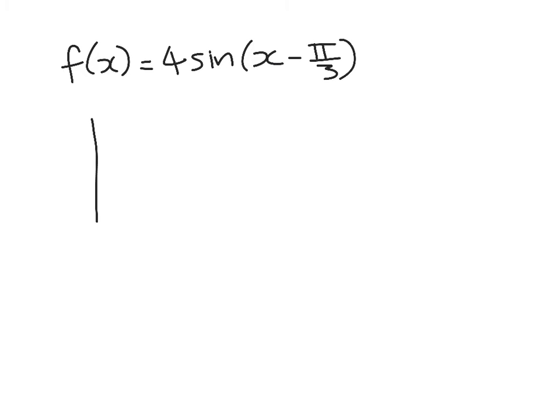So what does f of x look like? f of x is equal to 4 sine of x minus pi on 3. So the period of that function is still 2 pi, because my coefficient on x here is just 1. But the sine curve has been translated rightwards by pi on 3.